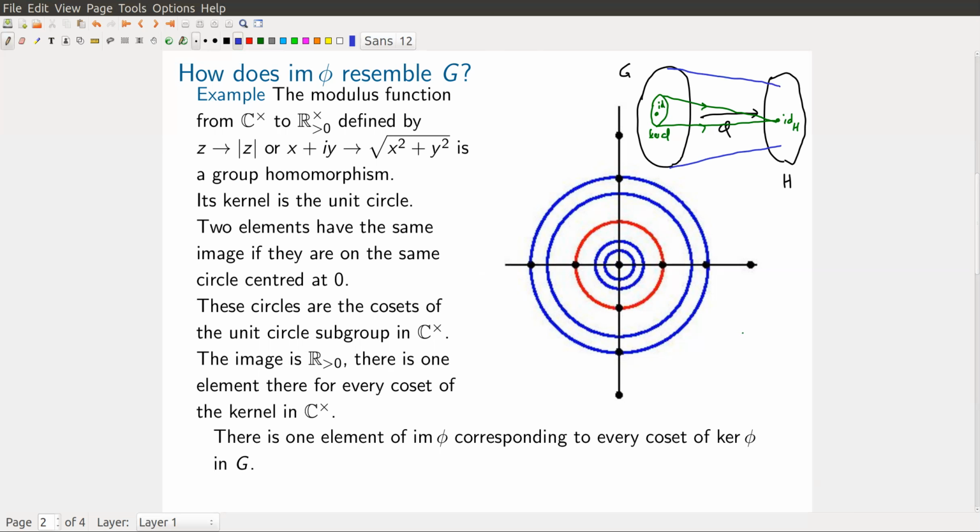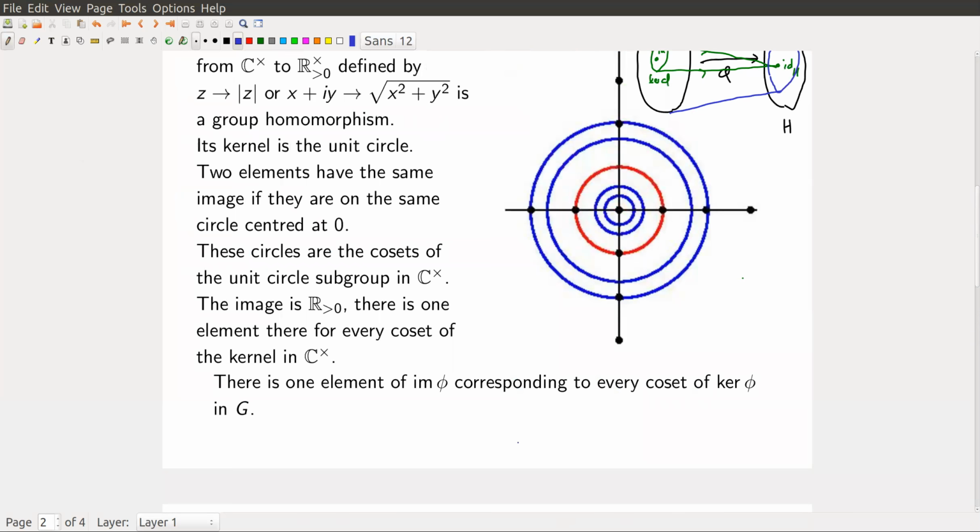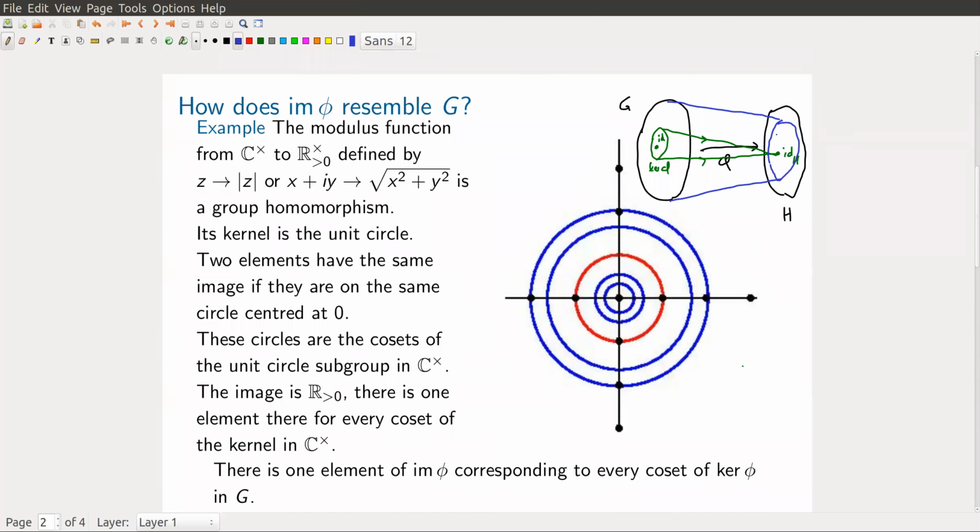And the set of images of all the elements of G over in H is some subset of H, which is the image of phi. It's drawn here in this blue color. So it might be all of this group H, but it might only be part of it. So this blue part represents the image of phi. Okay, so that's the picture of a group homomorphism.